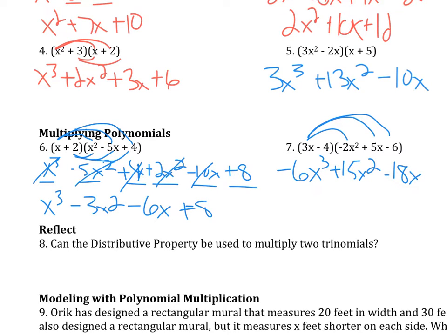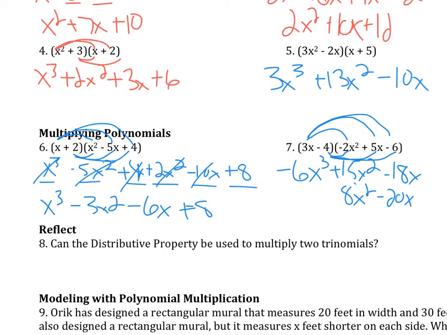Now, some students like to line them up as they do the problem. That's fine as well. It's kind of like our vertical method. So negative 4 times negative 2 is 8, and then we get x squared, so that's a positive 8x squared. And then what they'll do is they'll write it right under the other x squared. And then negative 4 times 5 is a negative 20x.